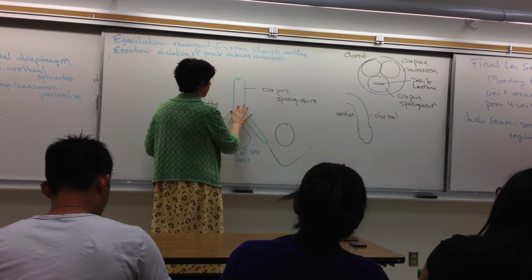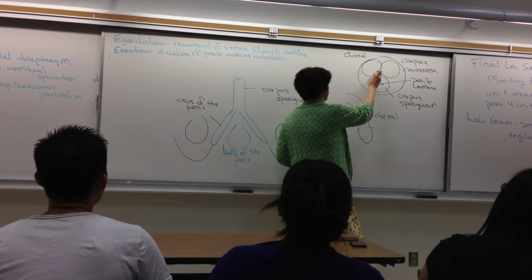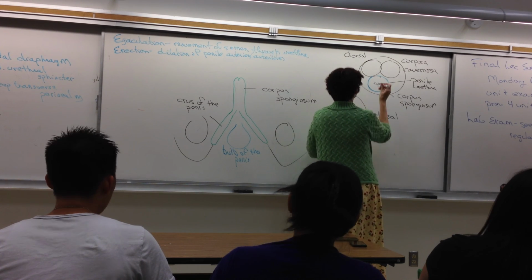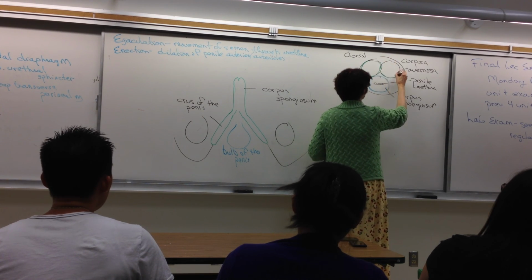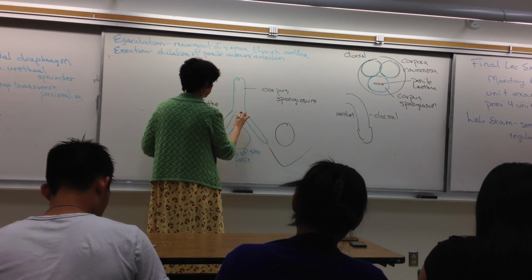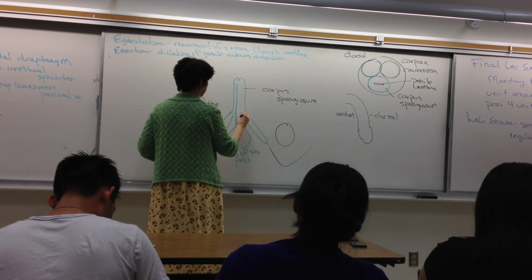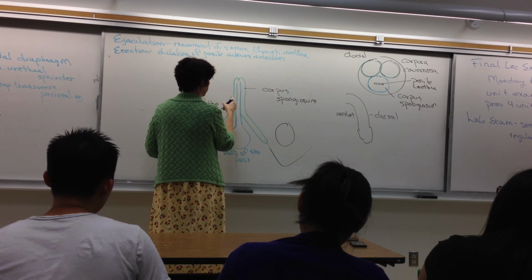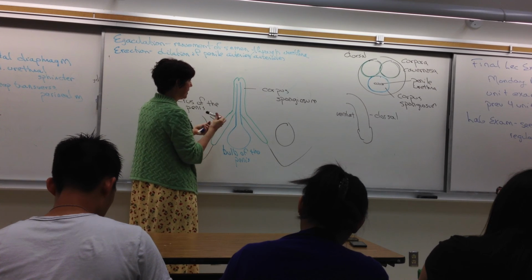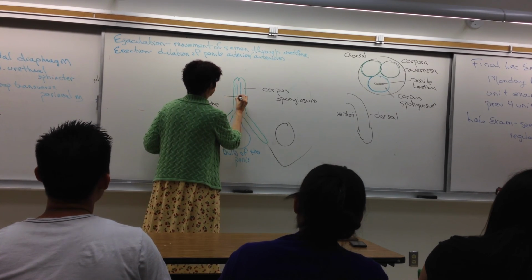This is a single structure. So it would be this structure that we see right here that's forming. And it's on the ventral aspect of the penis. So up here, where it's part of the penis, this is identified as the corpus spongiosum.